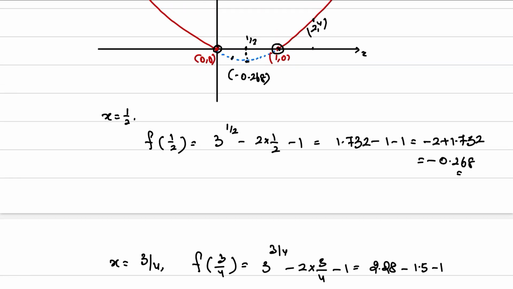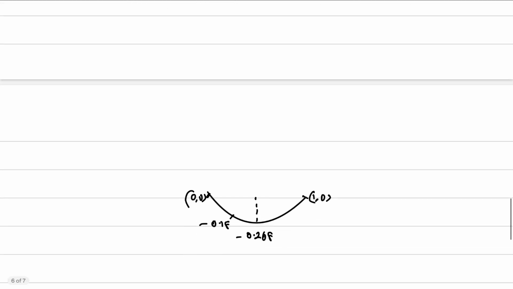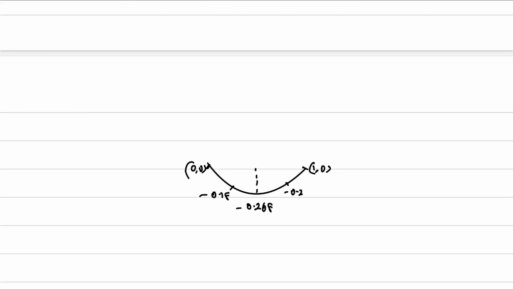So in this portion, between x is equal to 0 to x is equal to 1, at half it is minus 0.268, it is minus 0.18, it is minus 0.22, so that it is increasing.